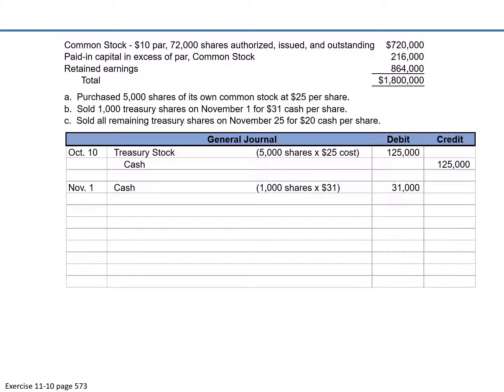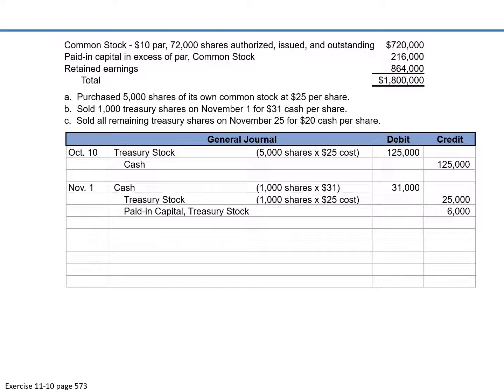We're going to decrease our treasury stock account for the number of shares times the cost that those shares were to us. So $25 per share is what they cost us times the 1,000 shares. And then we have paid in capital treasury stock for the difference of $6 per share times the 1,000 shares.